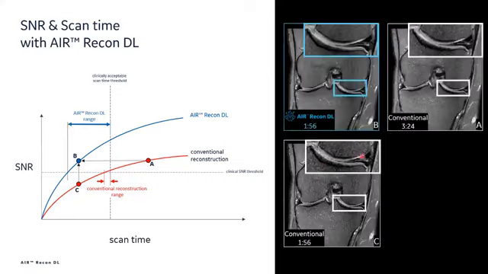And again, some more representative images that correspond to points A, B, and C. In particular, point B is that short scan time and also high SNR image to see what you want to see in the meniscal tear here.